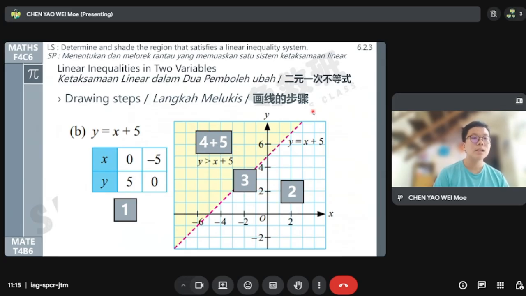Using the equation, construct a table to find the coordinates. Next, once you have found the coordinates, put them on the graph, and you can draw the line by connecting the coordinates that you plotted.